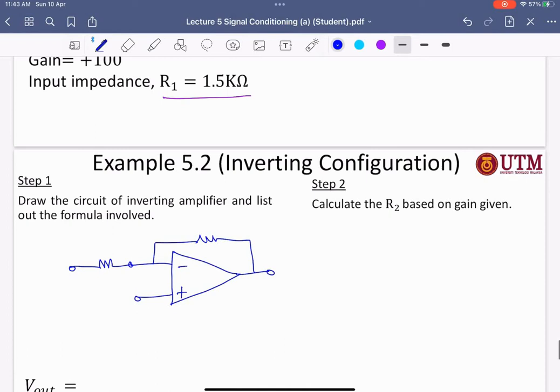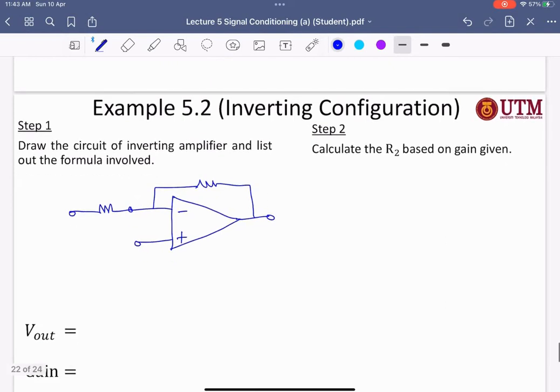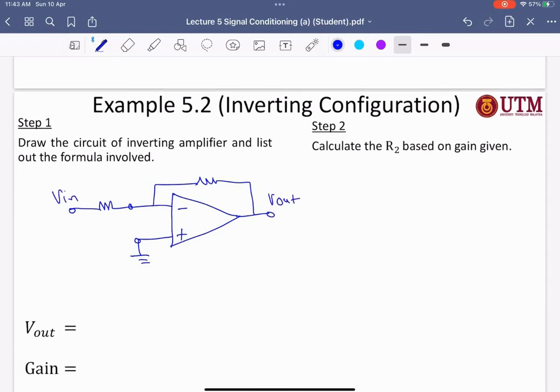Okay, done. So right now the positive terminal is going to ground. We have V out here, and we have this input.